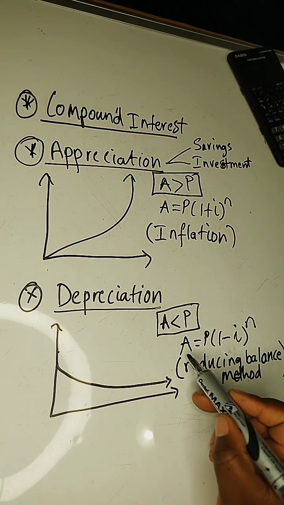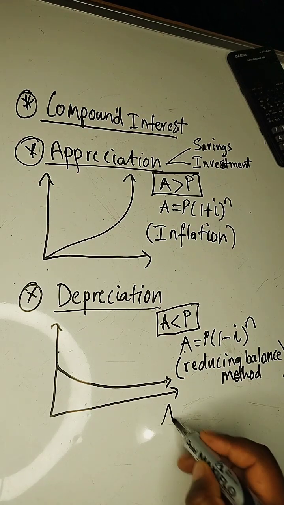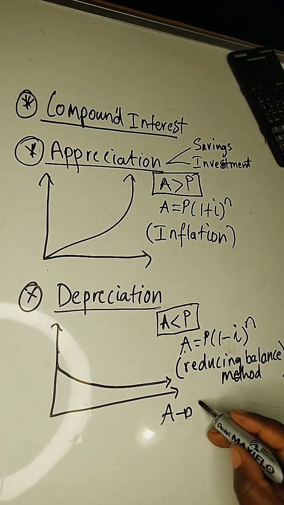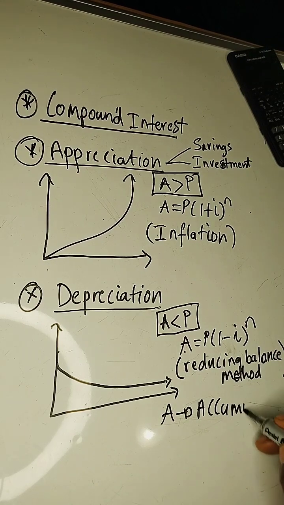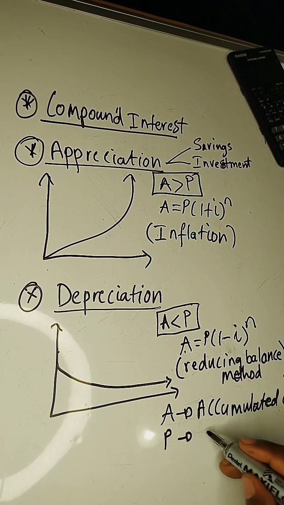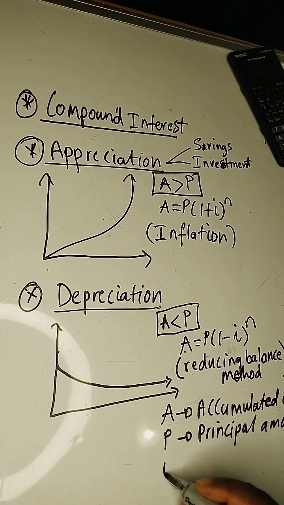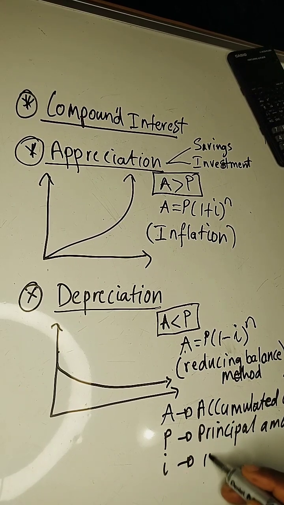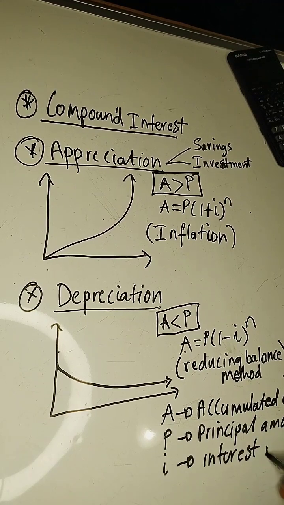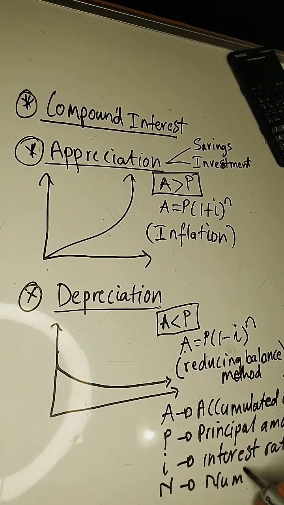I hope you can remind yourselves: A stands for the accumulated amount, P stands for the principal amount, I stands for the interest rate, and n stands for the number of years.